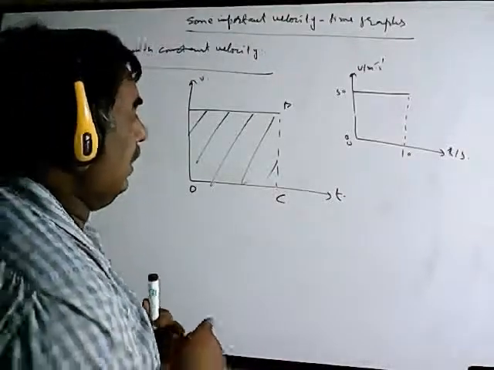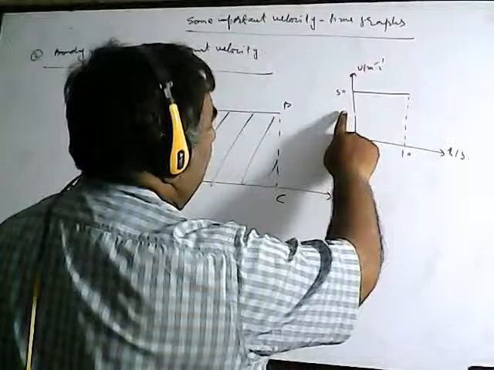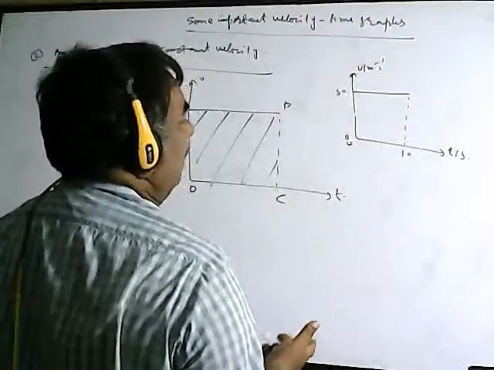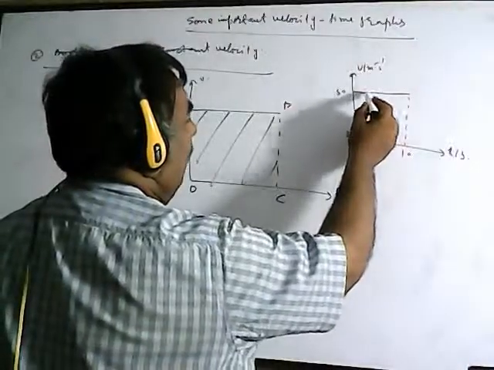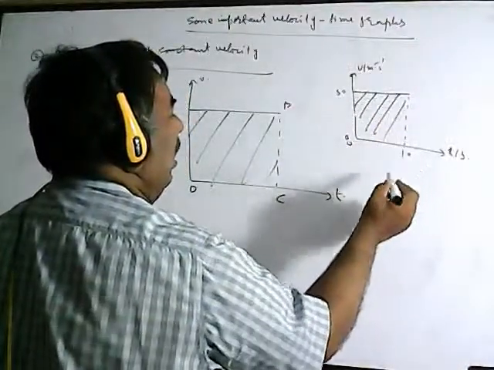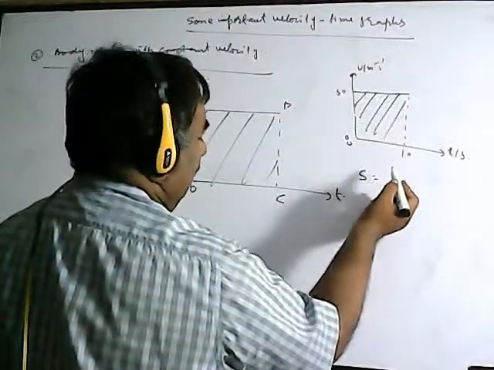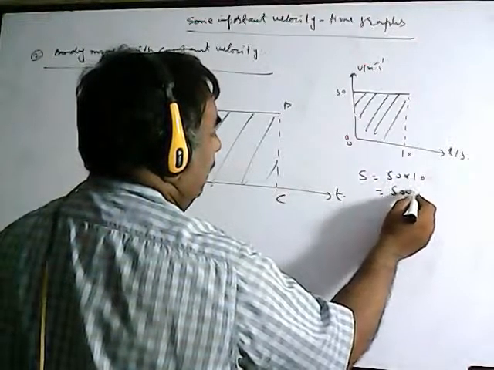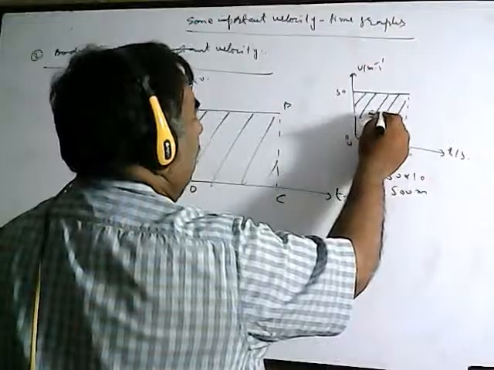You must always know this. I can translate this graph: the body moves with a constant speed of 50 meters per second for 10 seconds and covers a distance of how much? This is the distance, the area under the graph. The displacement is 50 into 10, which is 500 meters. So I can entirely translate this graph.